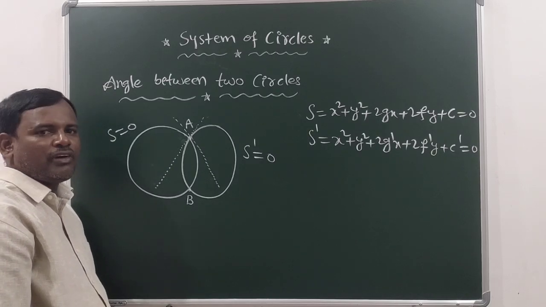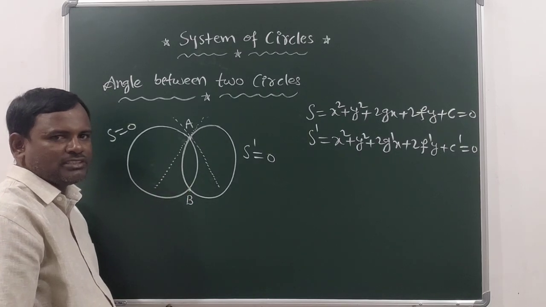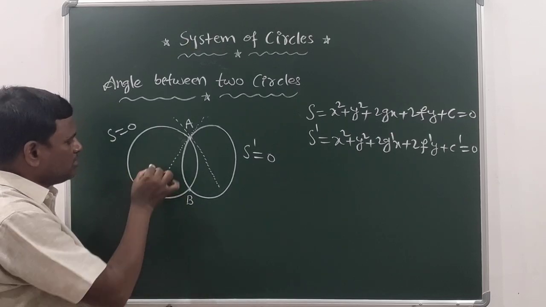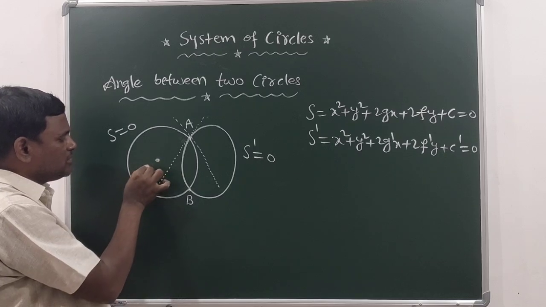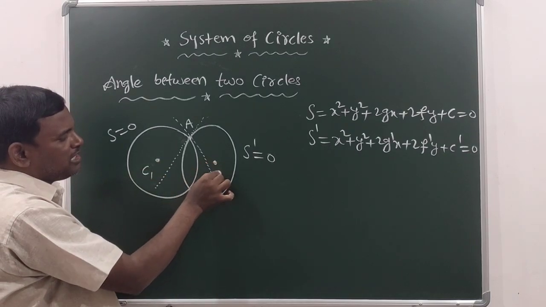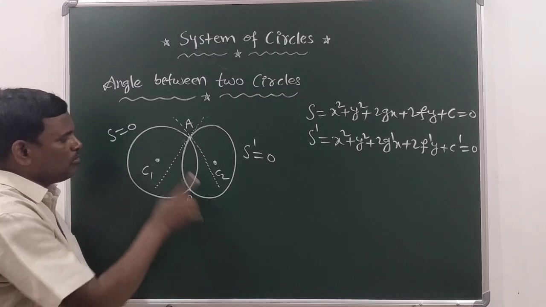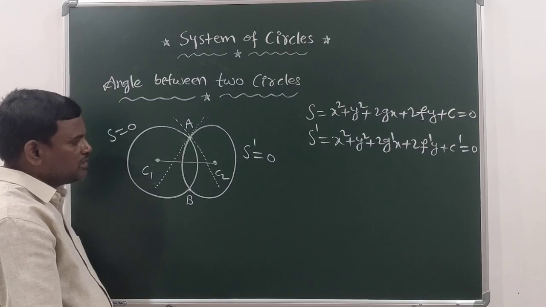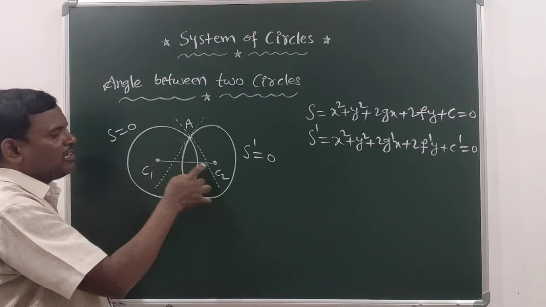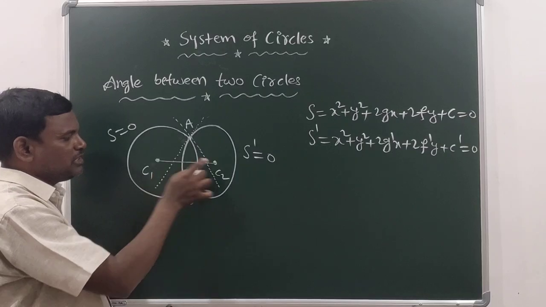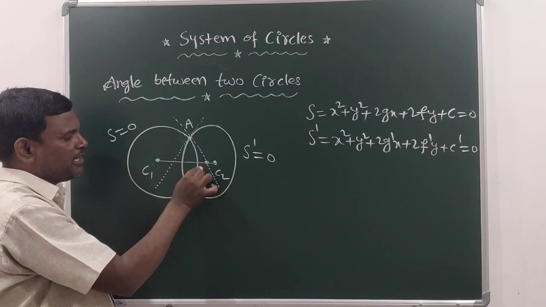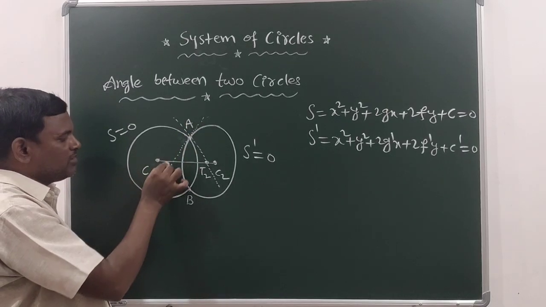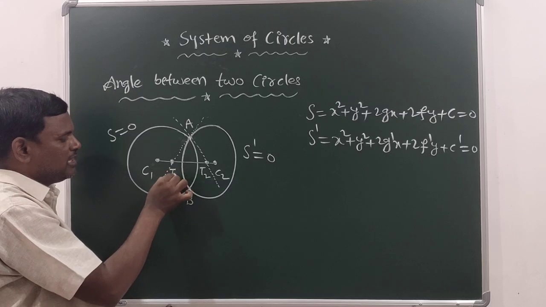So now I am going to find angle between these two tangents. Before that, let us assume the center of first circle is C1 and center of second circle is C2. Now connect C1 and C2. See, this tangent is intersecting the line joining the centers C1, C2 at one point. Let us name this point T2. And this tangent is intersecting C1, C2 at this point. Let us name this point as T1.